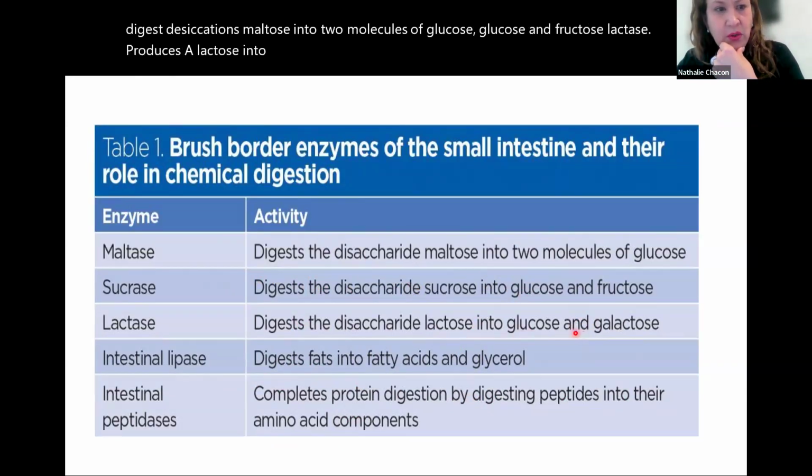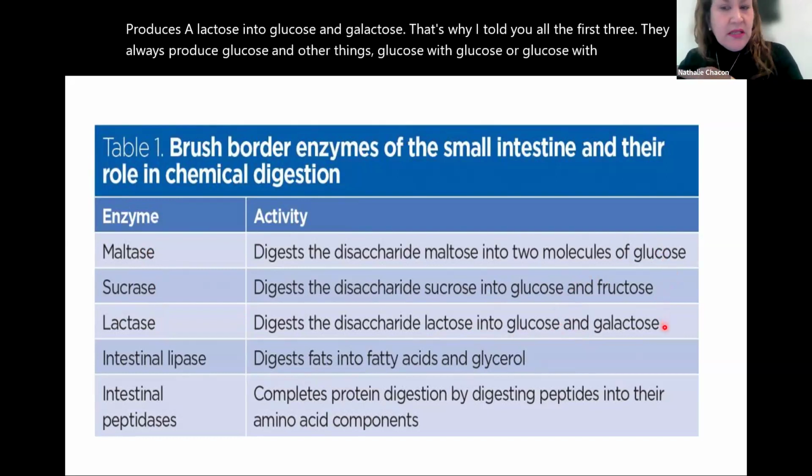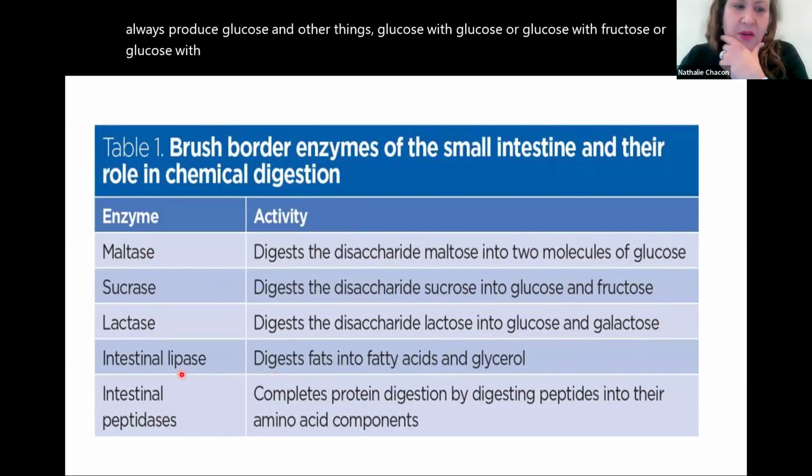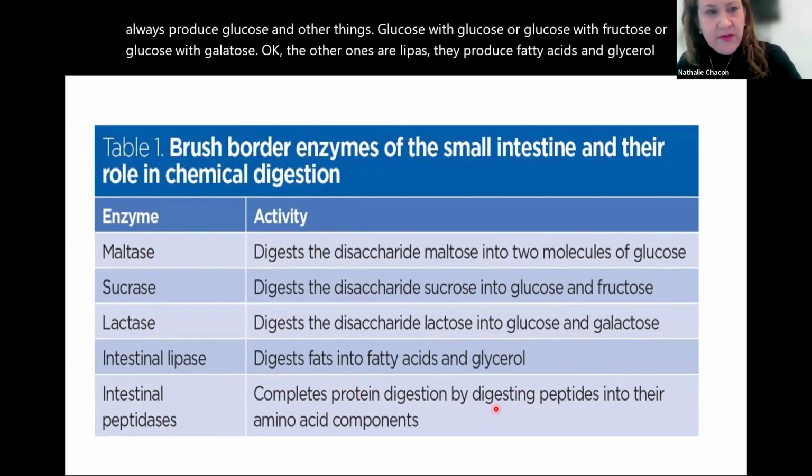That's why I told you the first three always produce glucose and other things: glucose with glucose, or glucose with fructose, or glucose with galactose, okay? The other ones are lipases, which produce fatty acids and glycerol, and peptidases, which produce amino acids, etc.